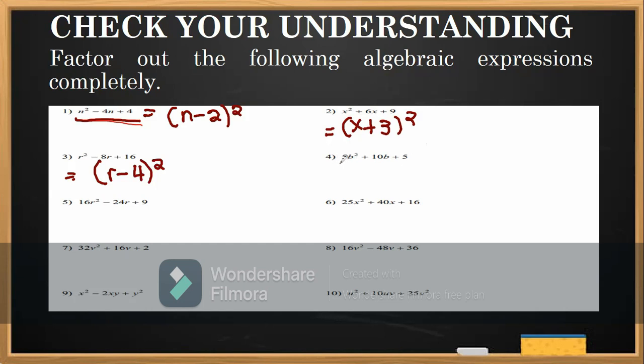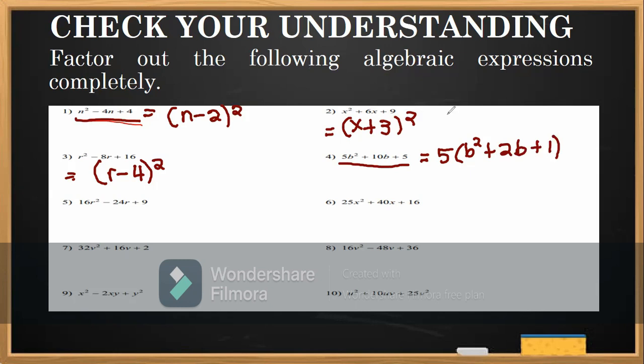However, we can use factoring using the greatest common factor. The greatest common factor between 5, 10, and 5 is 5, multiplied by b squared plus 2b plus 1.